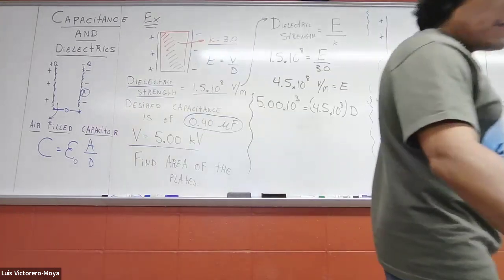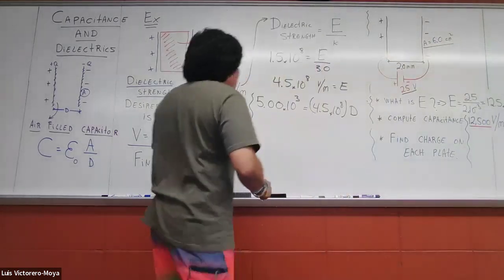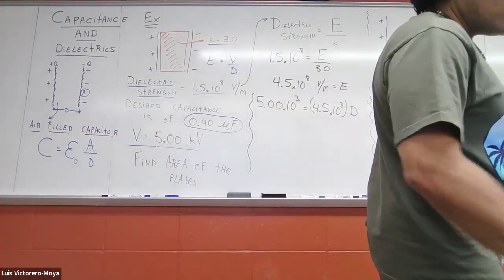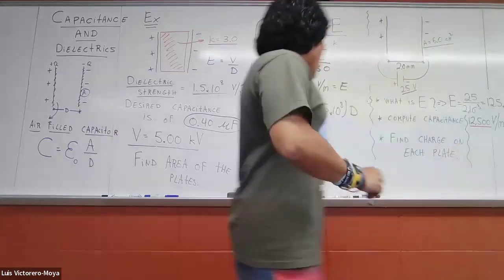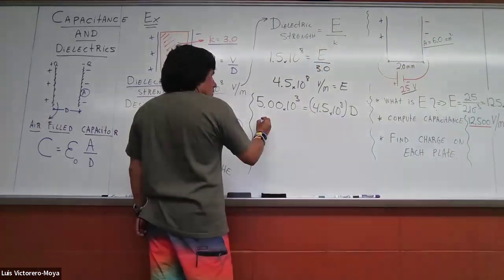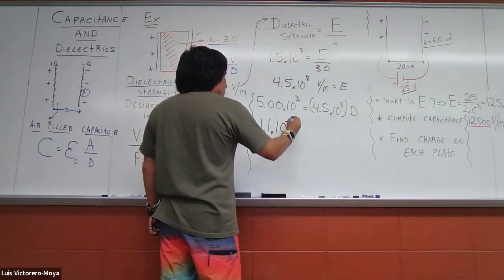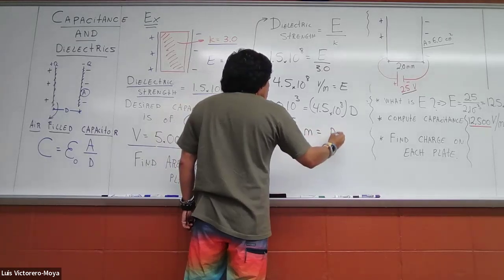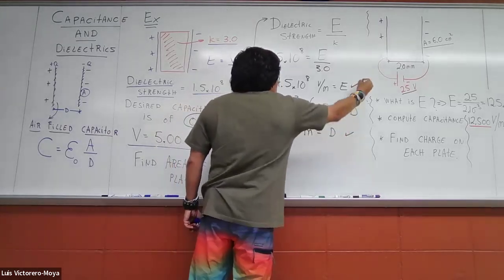So your distance is going to be very small, 1.1 times 10 to the negative 5 meters. That's the distance between the plates.